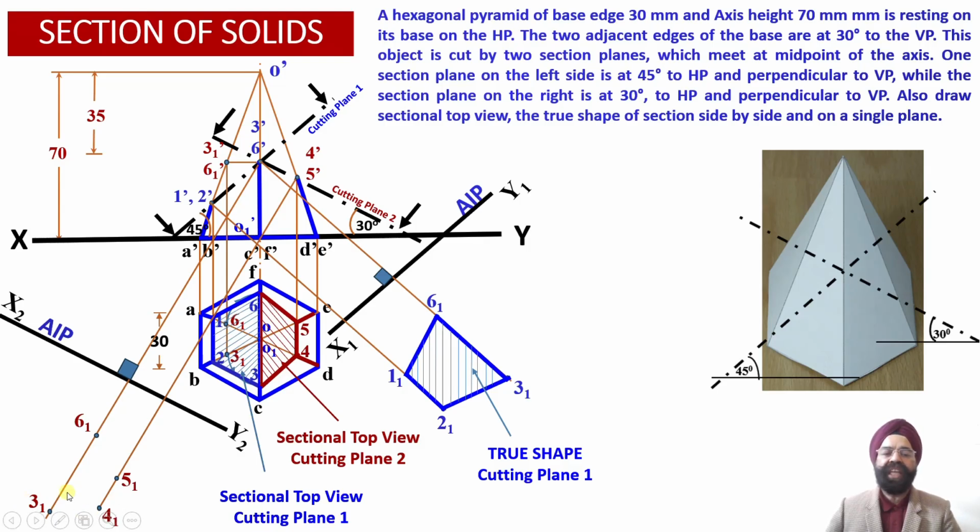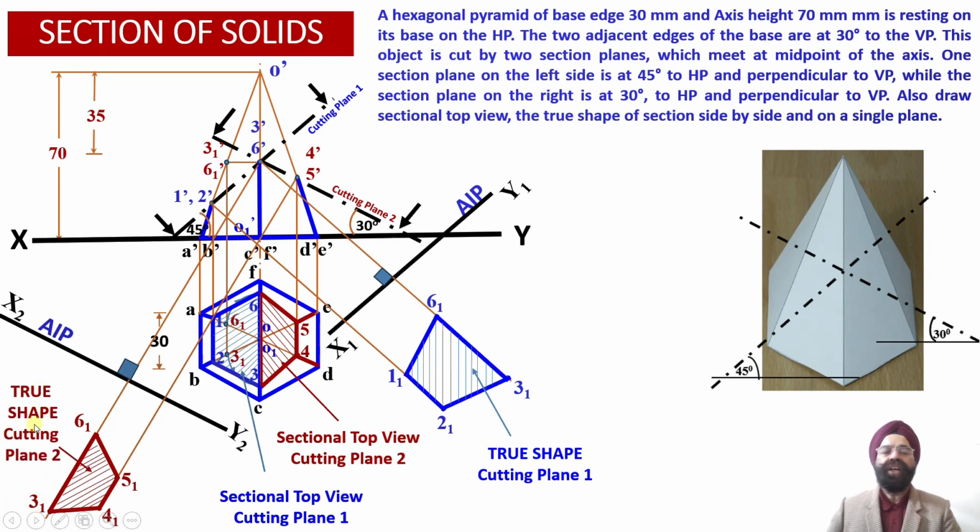Having obtained the points 3₁, 4₁, 5₁, 6₁ corresponding to the intersection of cutting plane number 2 with the hexagonal pyramid, we have now obtained the true shape projections in the auxiliary plan projections, which have been obtained on the auxiliary inclined plane X2Y2, which happens to be parallel to section plane number 2, or cutting plane number 2.